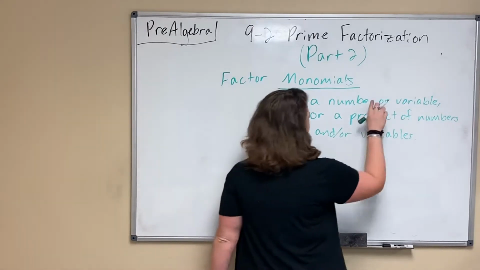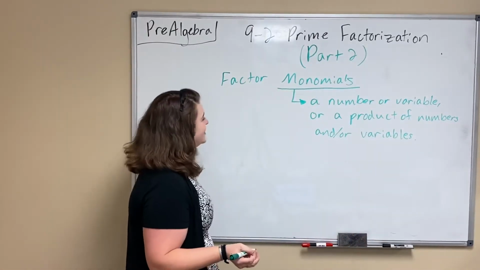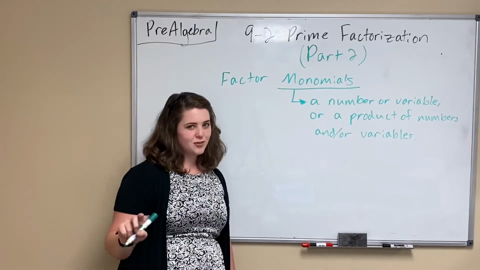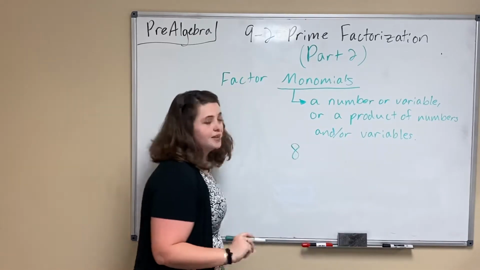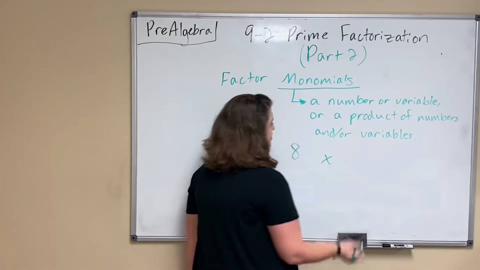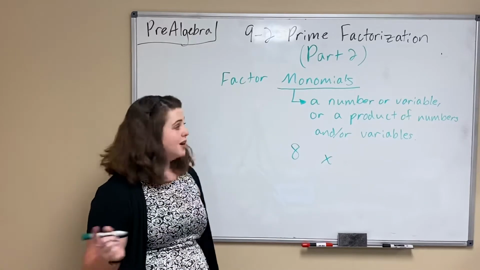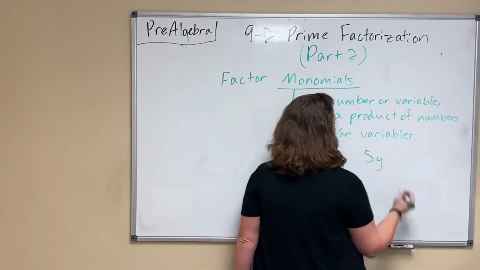Okay, so basically what I'm saying is a monomial is a number like 8, that's a monomial, or it's a variable like x, or it's a product of numbers and variables like 5y.